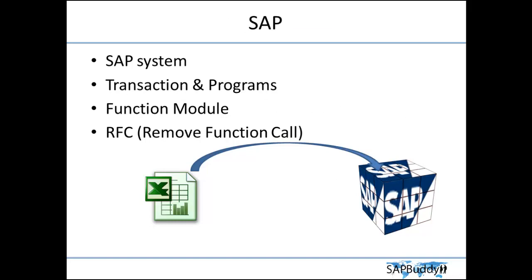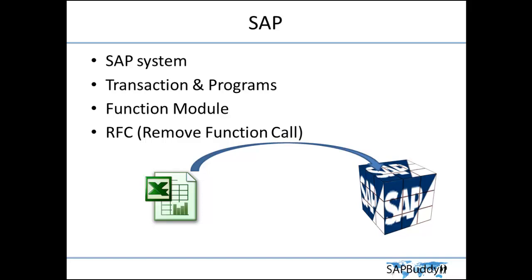Now let us talk about SAP. About the SAP system, we have one more detailed section where we will be covering the SAP system in a little more detail. However, SAP, as you know, is one of the best enterprise software used in our present business operations.